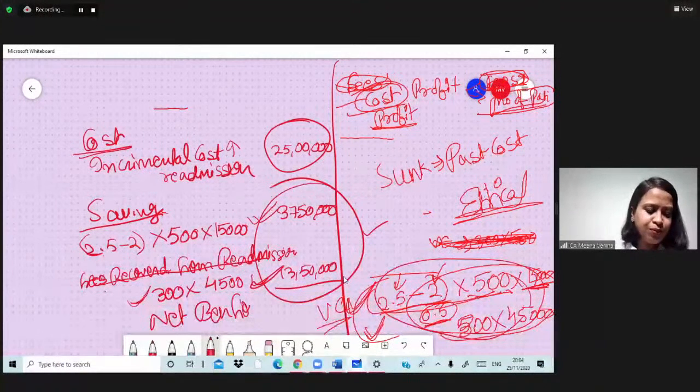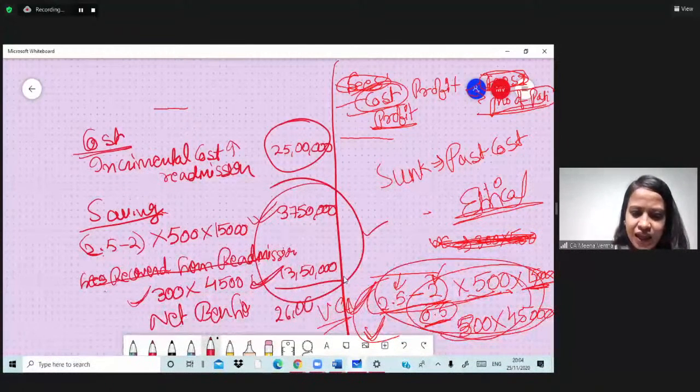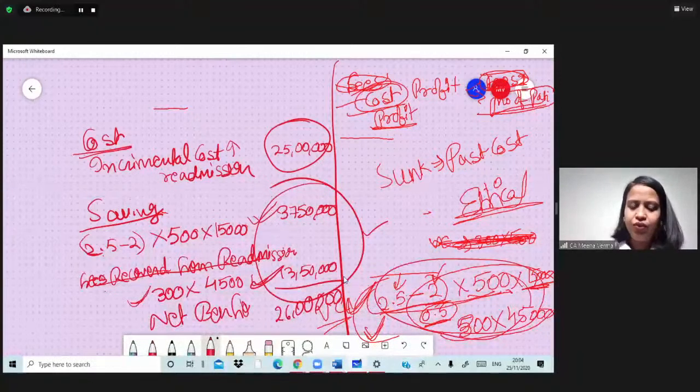Give me the value of net benefit quickly. This value is 26 lakh. Okay, I hope it is clear.